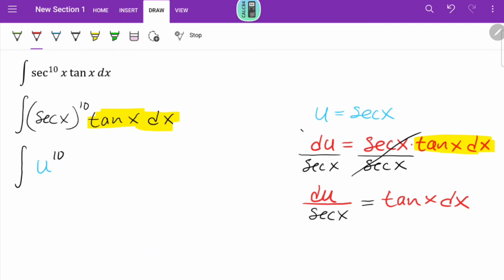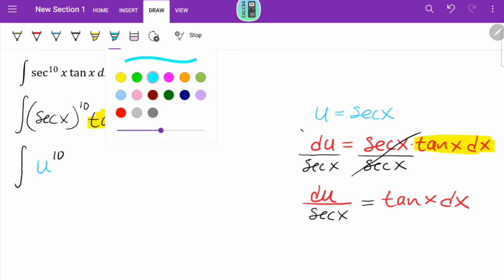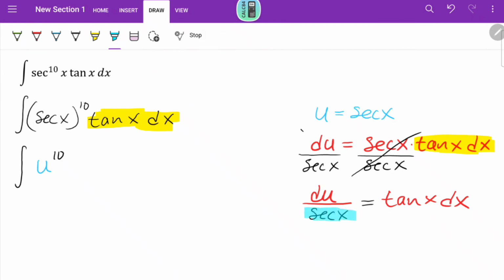But remember what I said before. u is equal to secant of x. There is a secant of x down here, so I can replace that with u. So du over u equals tangent of x dx.